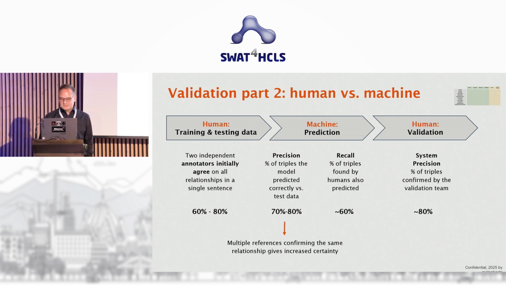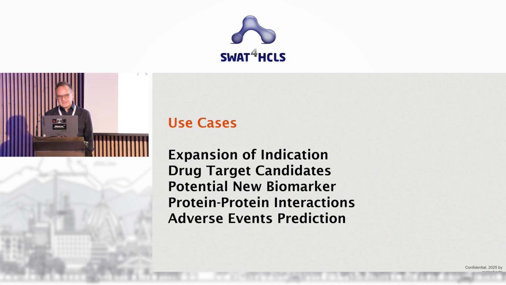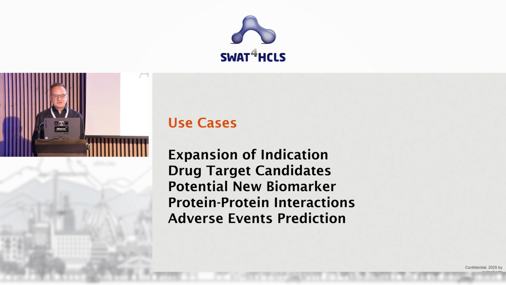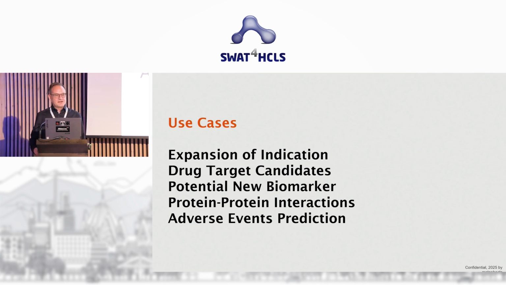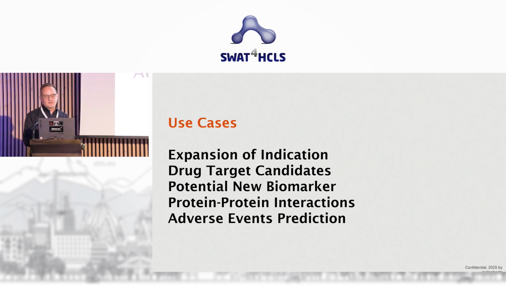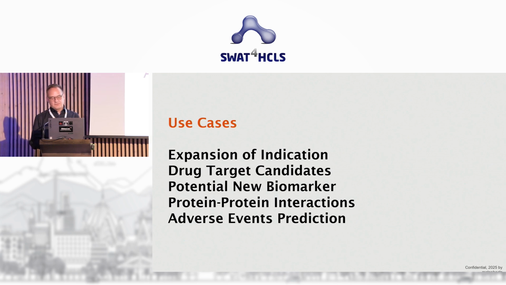So overall, this is leading to an enormously rich set of information which can be used for many different use cases. From expansion of indications, that means you have a drug and you would like to know, are there any other diseases where it can be useful, to drug target candidate identification, potential new biomarkers, protein-protein interactions, and adverse events prediction, these are use cases that are all very relevant for these people.